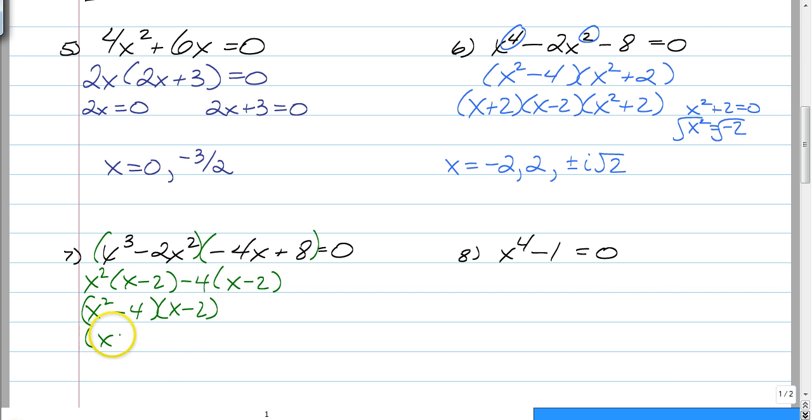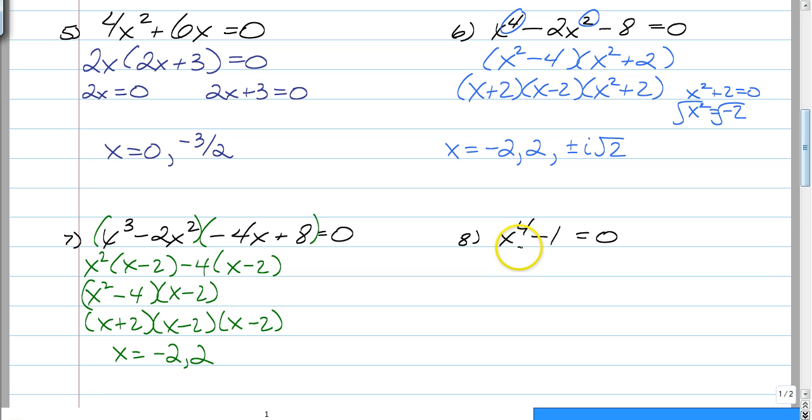That's going to give us x plus 2, x minus 2, and another x minus 2. So x is equal to a negative 2 and a positive 2. There's no need to write the positive 2 twice. That'll take you back to a double root if we were to look at that graphically.